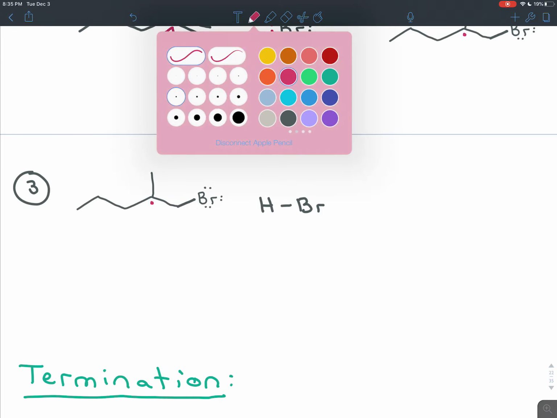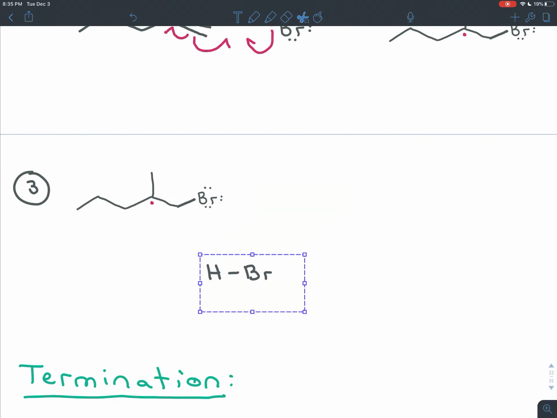It's going to be a hydrogen abstraction. So let me move this over just a little bit. That carbon will add one electron to the bond, the hydrogen will add another. The other electron in this bond will go on to bromine.